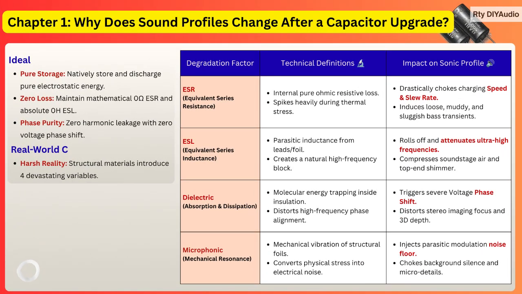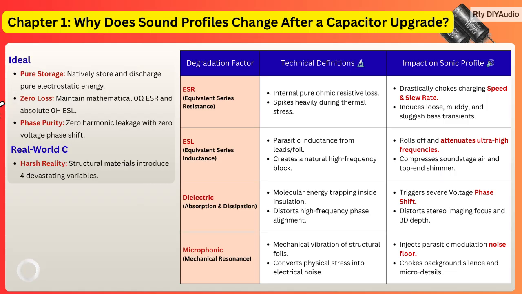Welcome to Chapter 1. Why does your sound profile change after a component upgrade? On your workbench, an ideal capacitor exists purely as a mathematical abstraction. In theory, its sole duty is pure storage, natively storing and discharging pure electrostatic energy.